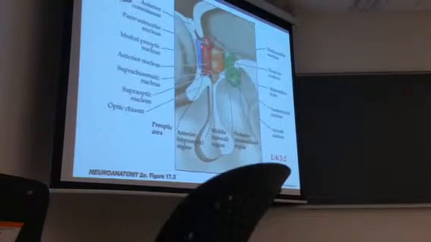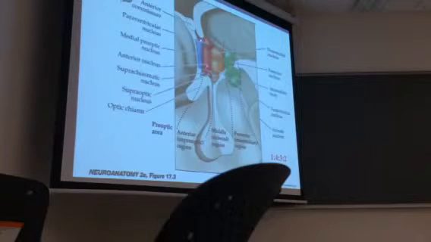We have this preoptic area, we have the anterior group, the middle group, the posterior group. We're going to look at all of those. We're going to divide them up and look at how they come together. So this preoptic nucleus here, medial preoptic nucleus. All right, that's the only one in the preoptic group.